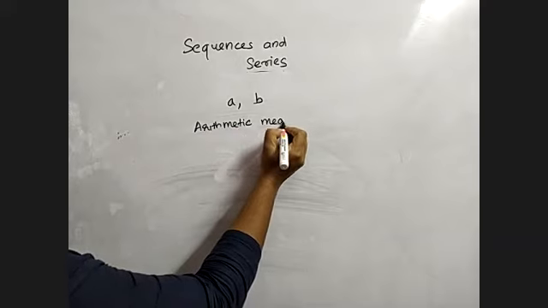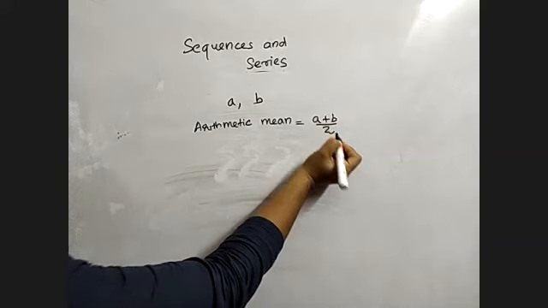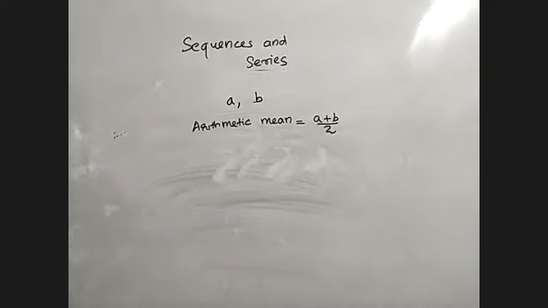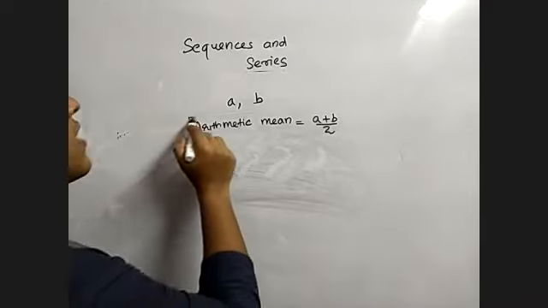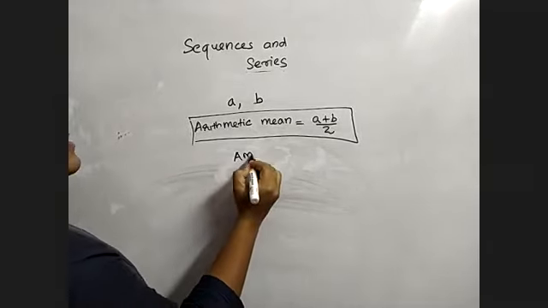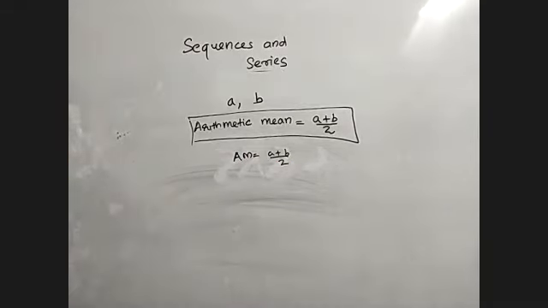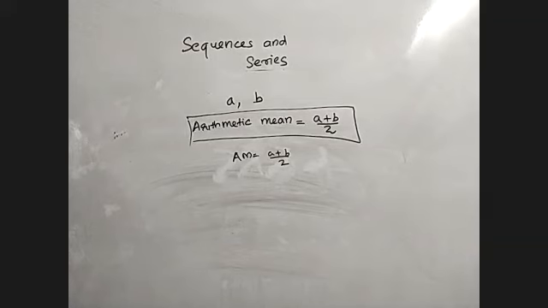Arithmetic mean is equal to (a plus b) by 2. So it's important. They'll ask what is the relation between arithmetic mean, geometric mean, harmonic mean, like that. So AM is equal to (a plus b) by 2. Just note down that.